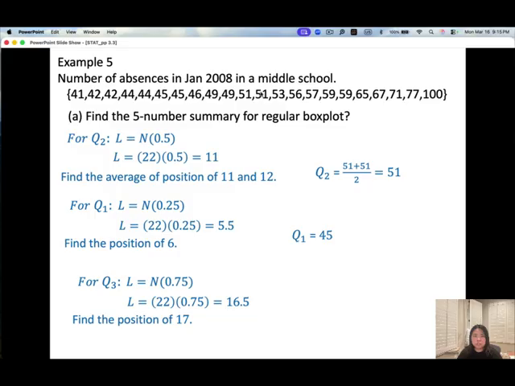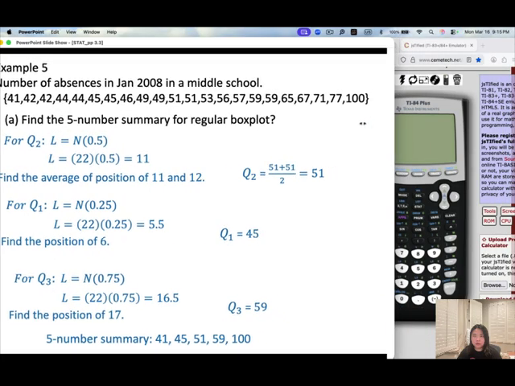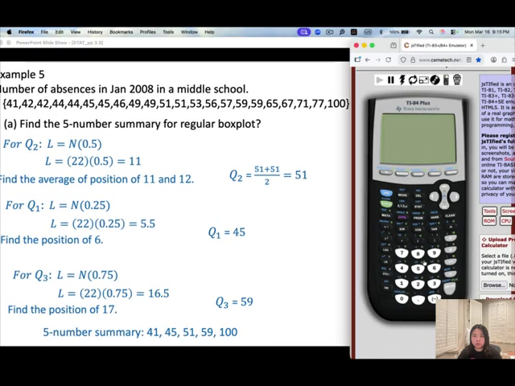That's a 12 here, right? 13, 14, 15, 16, 17. So that will be 59. And minimum will be 41. Maximum, that will be 100. So this is going to be your 5-number summary. Okay, feel free to use your calculator to check your work.